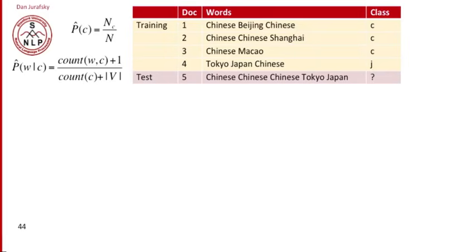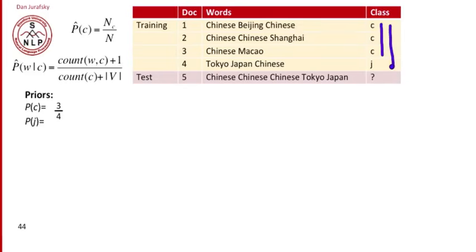All right, so let's do some computation. First thing we're going to do is compute the priors. So we need to compute P of C, the class China, and P of J, the class Japan. P of C is how many times does the class China occur in our training set, 3, out of how many total documents there are in our training set, 4.